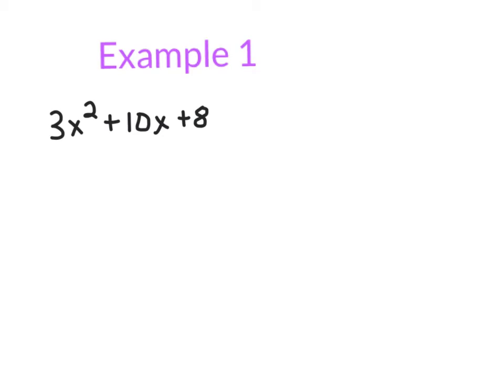All right. So in this first example, we have 3x squared plus 10x plus 8. So the first thing we will do is play the X game. Remember, the number on top is going to be A times C. So for this example, we are multiplying 3 times 8, and 3 times 8 is 24.